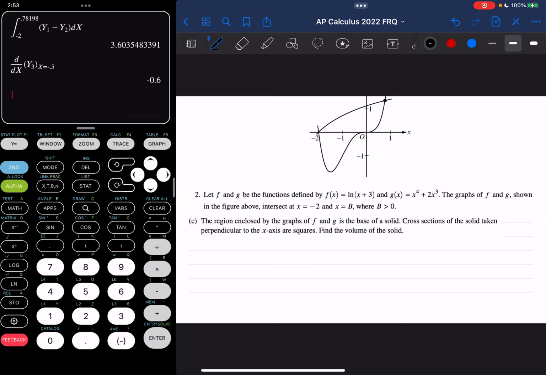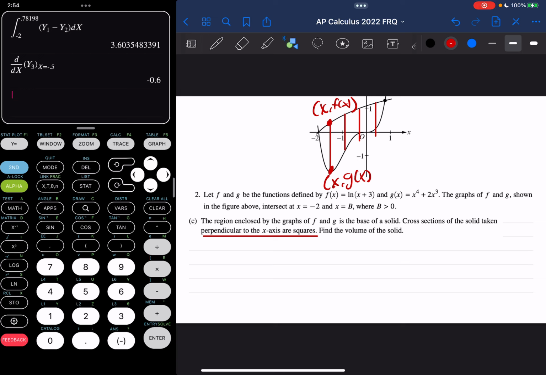So we always tend to have one of these volume type questions where the cross-section is a given shape. In this case, our cross-sections are squares. That's what they tell us. And they are perpendicular to the x-axis. So just like this. So one thing I usually do is I usually label these points x comma g of x, and then up here we have x comma f of x.